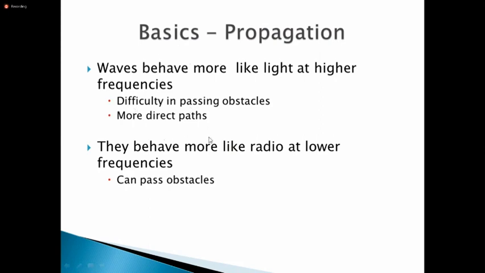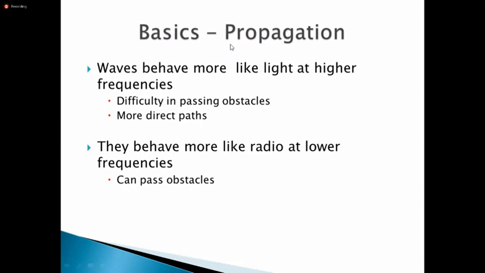Maybe some waves are at higher frequencies and some are at lower frequencies. Now, higher frequency waves, when they propagate in free space, have a straight line and a direct path, right? But they usually reflect back from the obstacles, like I said in the first slide.